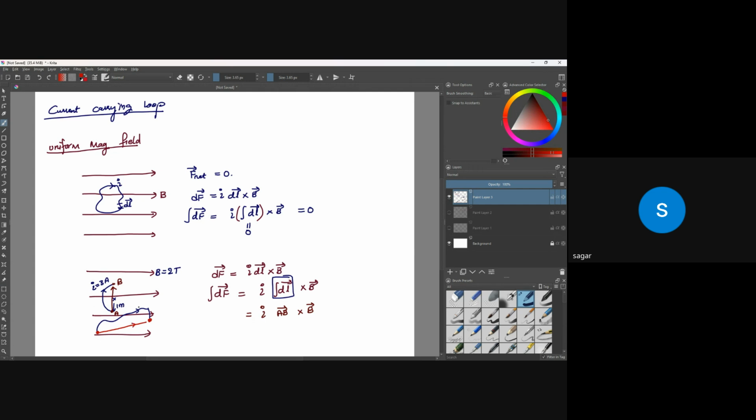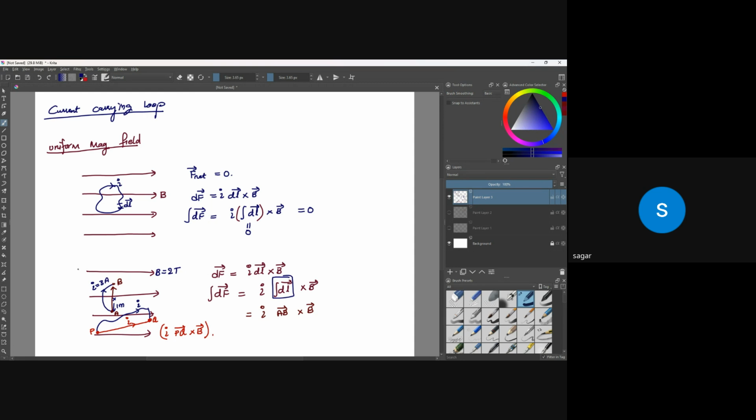Whatever current there is in the wire, give that much current to this straight line as well, and ignore the curved wire. Just take the straight line and find the force acting on it. Let's say the initial point of the wire is P and the final point is Q. Then the force acting on that wire is nothing but this. That is the easier part, right?